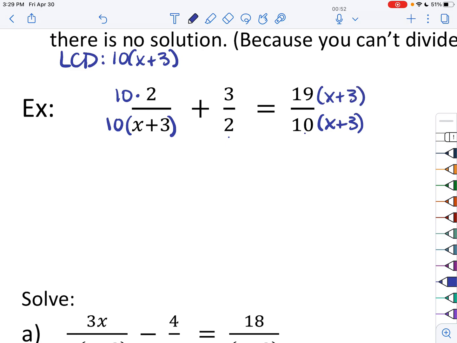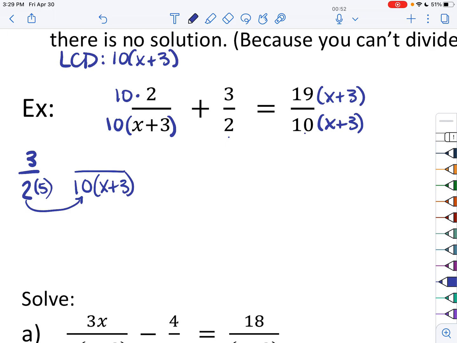Okay. So let's look at 2. 2 is only a little bit different because it is not the 10 or the x plus 3, but we can absolutely make it that, right? Let me put this over to the side. If I have 3 halves and I want this bottom part to be 10 times x plus 3, well, to go from 2 to 10, I would need to multiply by 5, right?